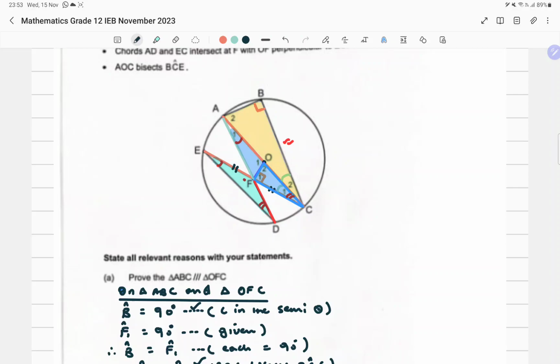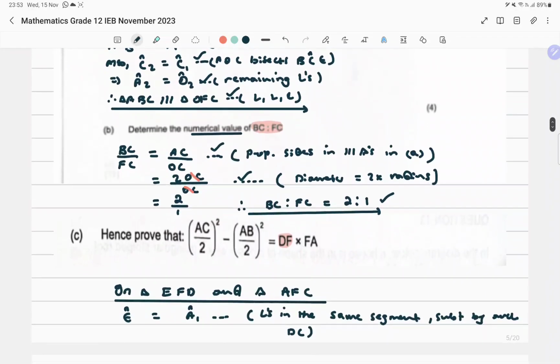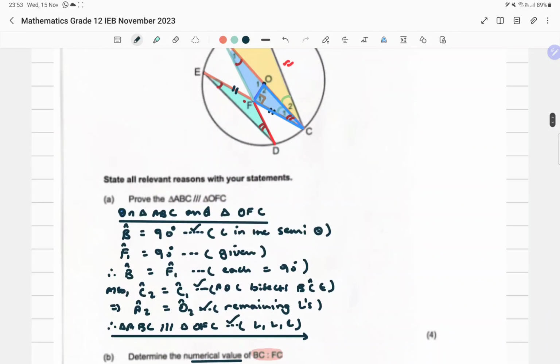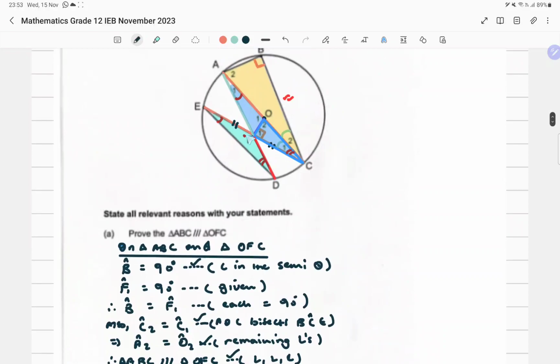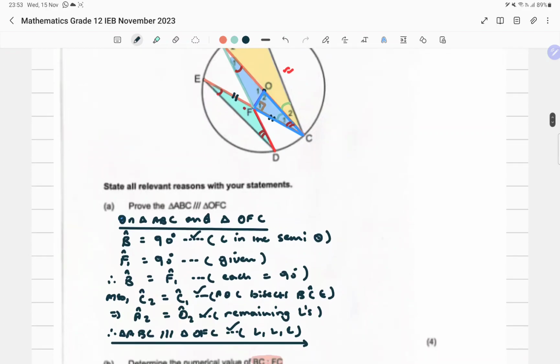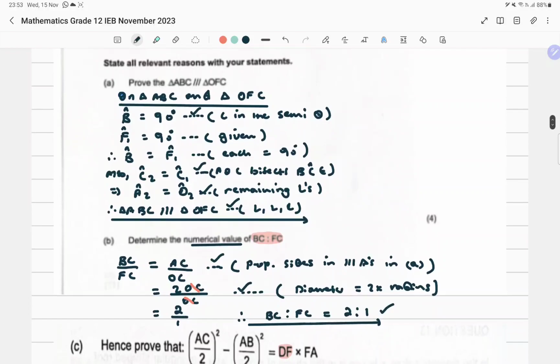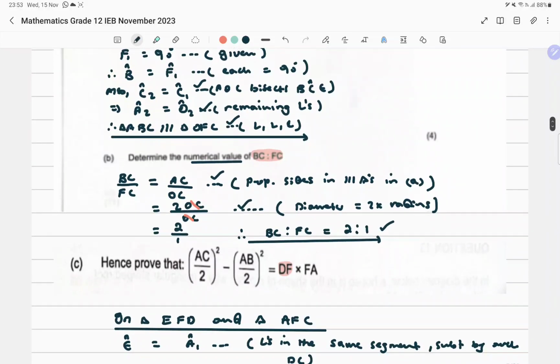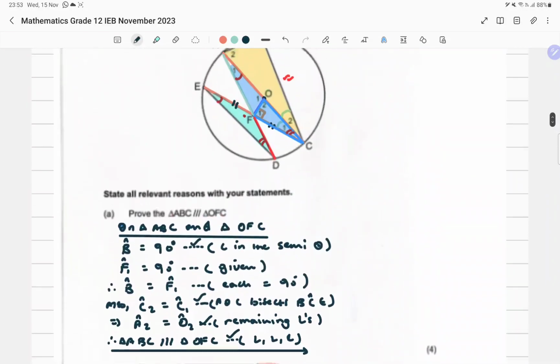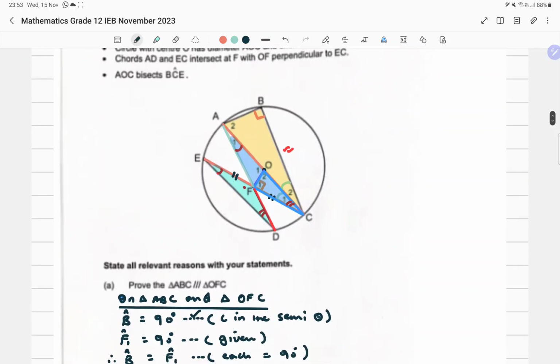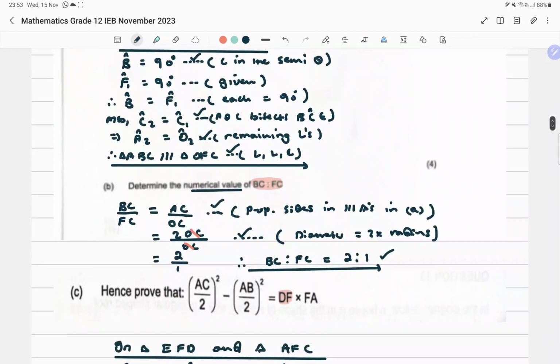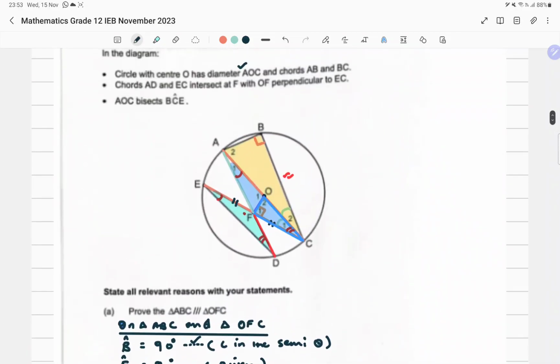I'm trying to see, but all we know is that DF or FA must be there. FA and DF must be there. So we don't have EF, we don't have FC. Okay, let's see, that angle is equal to that. We've got FD here. Yeah, that's gonna work.